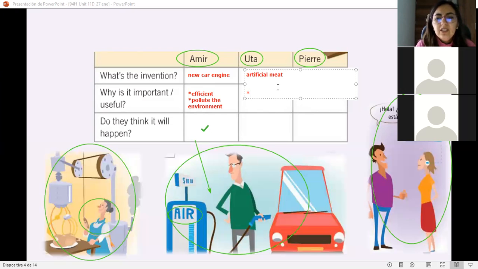Why is this important or why is this useful? ¿Por qué podría ser útil crear la carne en un laboratorio? Instead of buying some meat or maybe... Sure, maybe because it wasn't necessary to kill animals. Exactly. They can live.